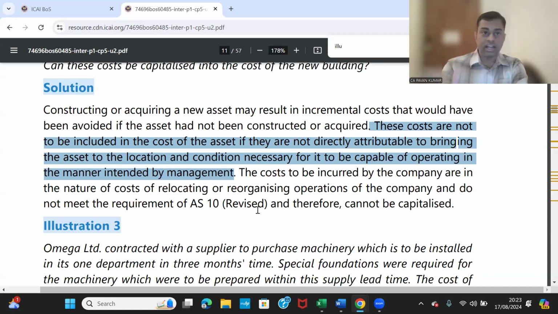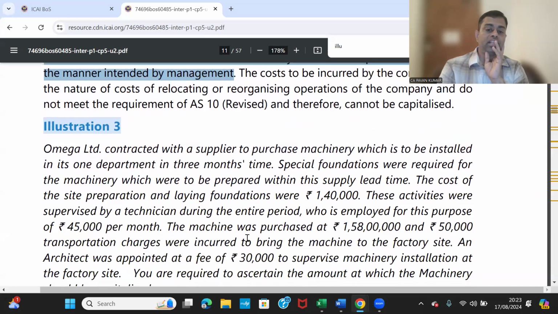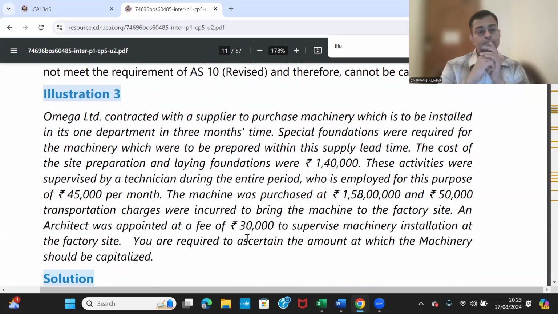We are learning, I understand. If you give me a wrong answer, I do not mind. But how many students will answer this question wrong in the exam? I am sure maybe 80, 90, 95% of the students will write the wrong answer. At least for point number one, they'll say this can be capitalized. So can you read the next question, please?